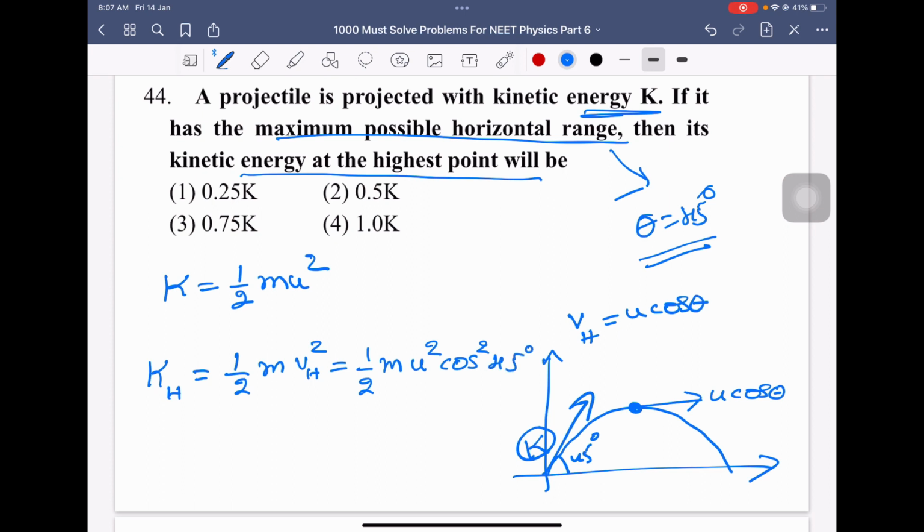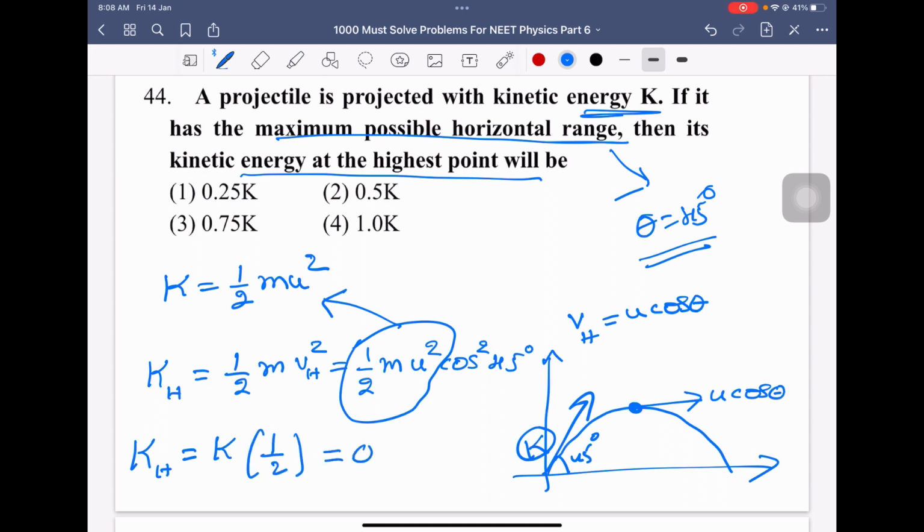Now half m u square is k. So kinetic energy at the highest point is k into cos square 45. Cos 45 is 1 by root 2, and 1 by root 2 whole square is 1 by 2. So it is k by 2, or 0.5 k. Therefore, kinetic energy at the highest point is 0.5 k.